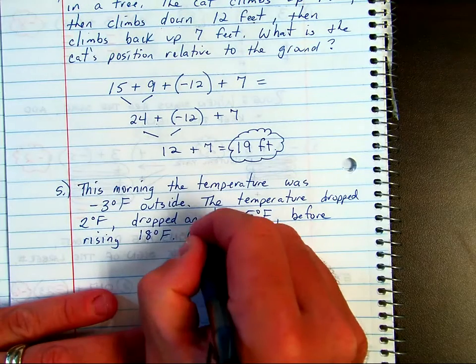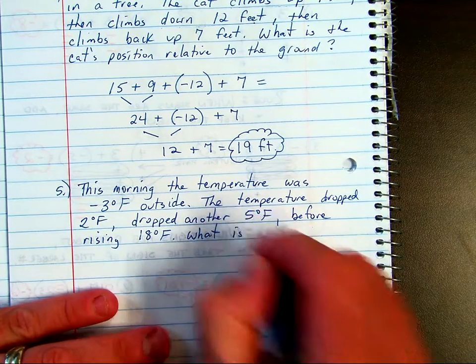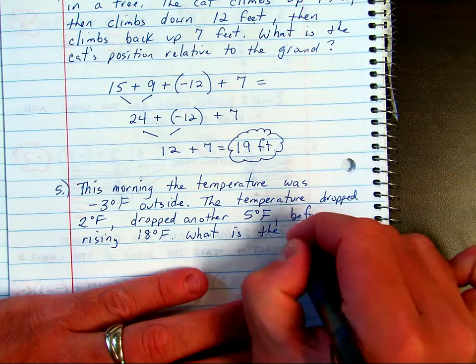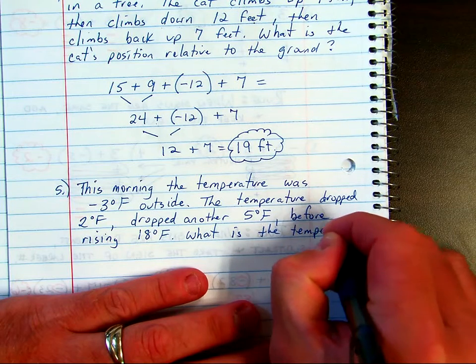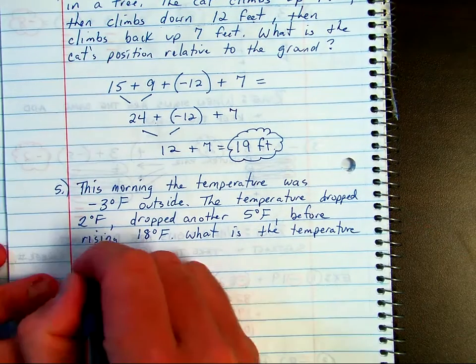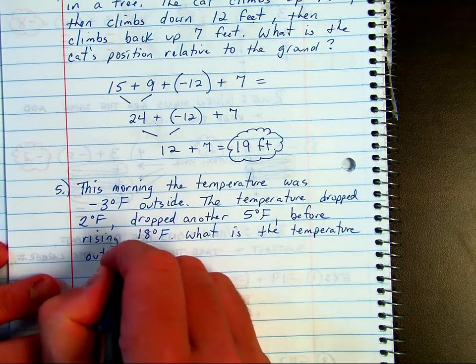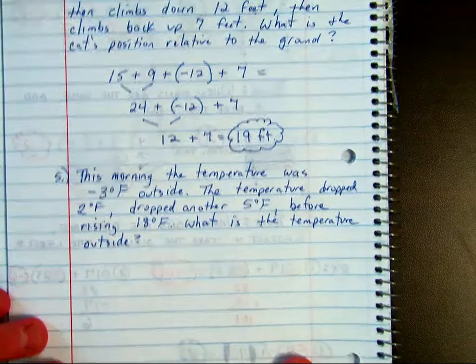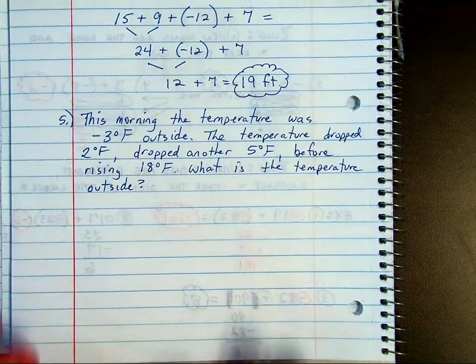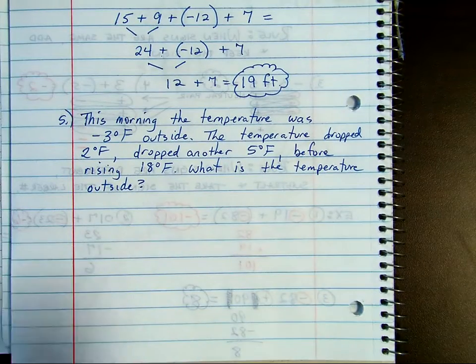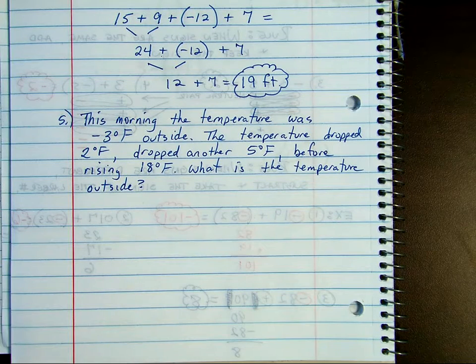What is the temperature outside? It was negative 3. The temperature dropped 2, dropped another 5, and then it rose 18 degrees. What is the temperature outside?